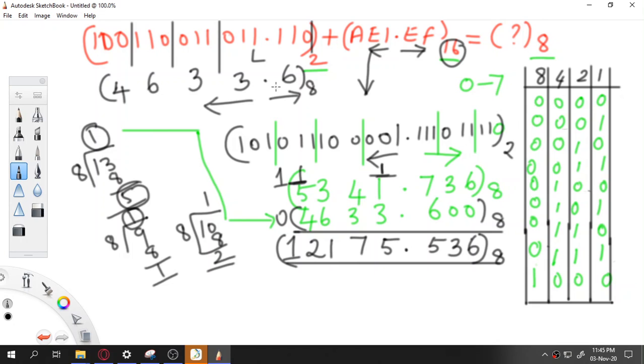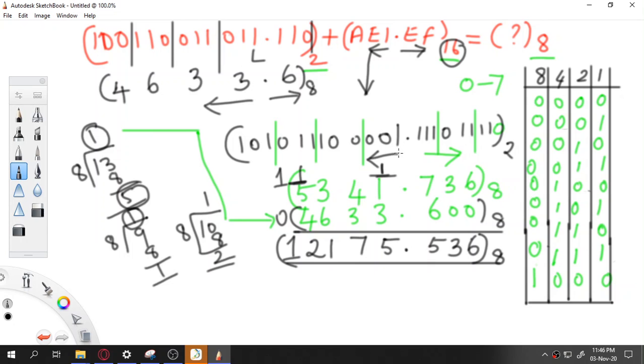Otherwise, if you know it by heart, it is very easy to follow. Then convert the hexadecimal number: for each hexadecimal digit you give 4 binary digits, and fill in all these values, going towards the right direction, first converting into binary. After that you have to group into 3s as we did in this octal conversion.